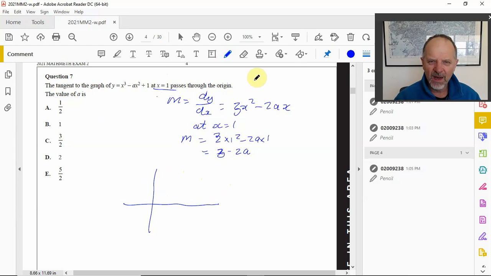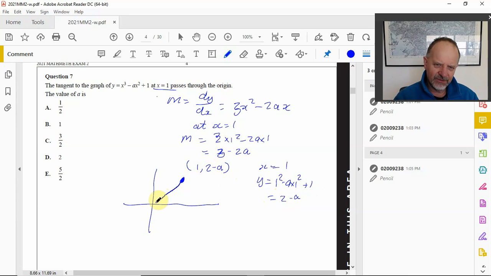At x equals 1, what does y equal? Well, 1 cubed minus a times 1 squared plus 1, which is 2 minus a. So the point we're looking at, where the tangent touches, is the point (1, 2 minus a). And we know this tangent goes through the origin, so it goes through (0, 0).